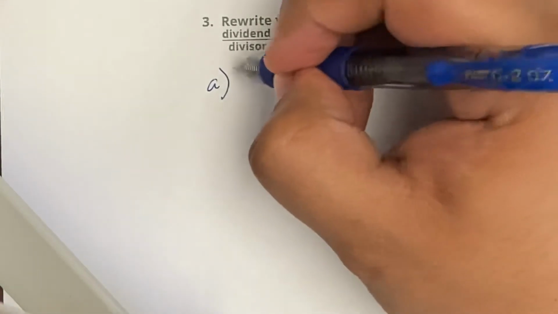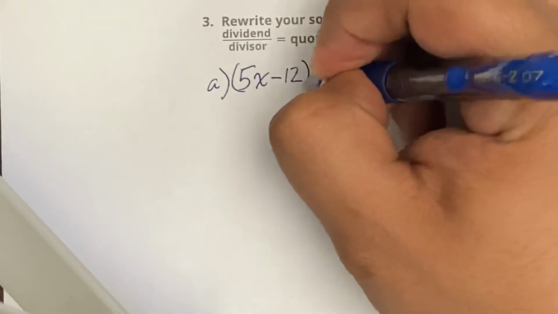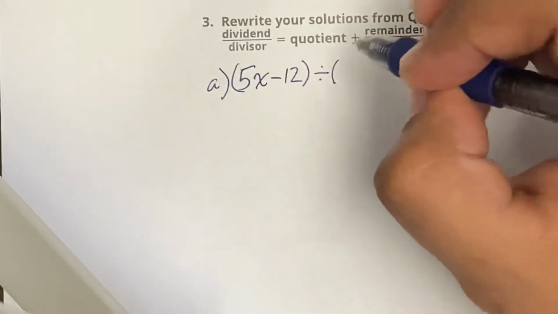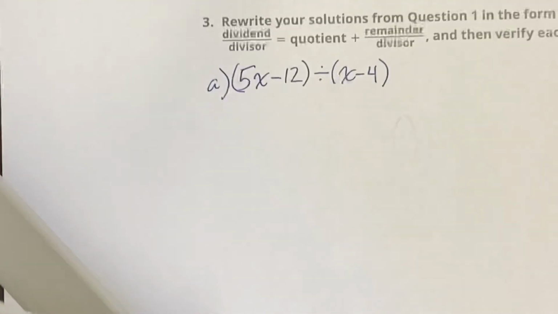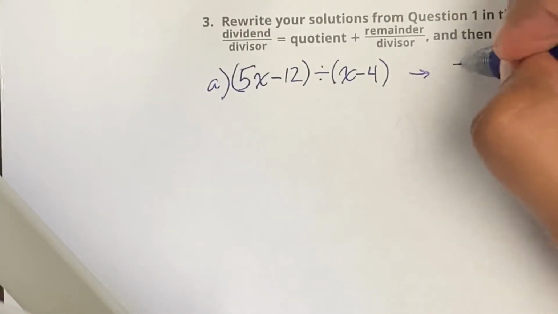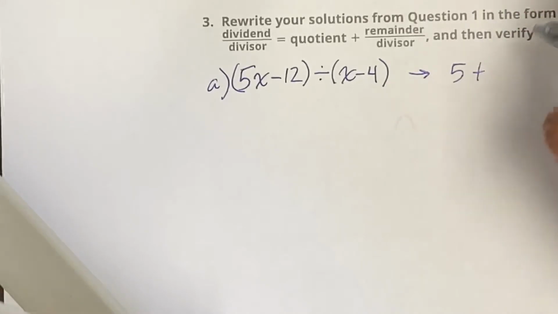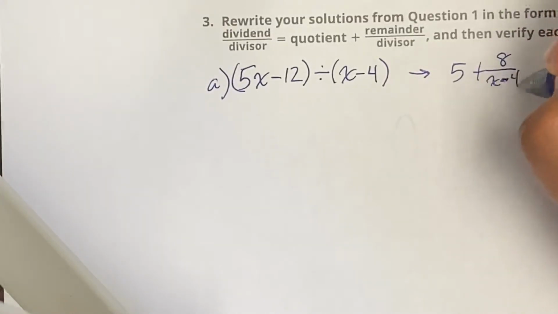Yeah, that's fine. So I had the problem 5x minus 12 divided by x minus 4. And this gave me the answer of 5 plus 8 over x minus 4.